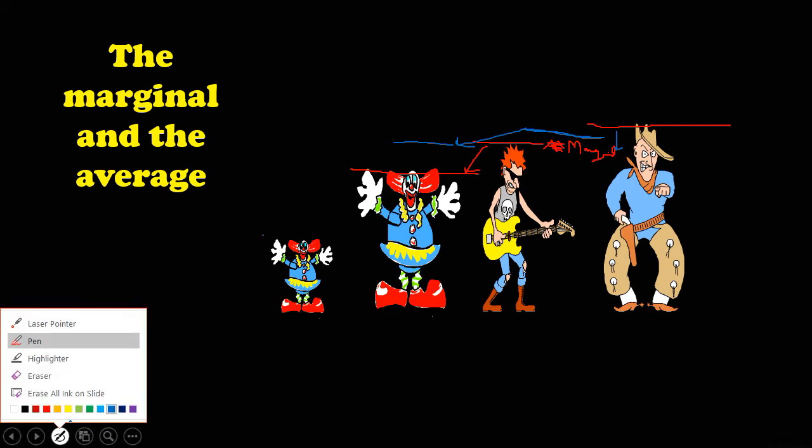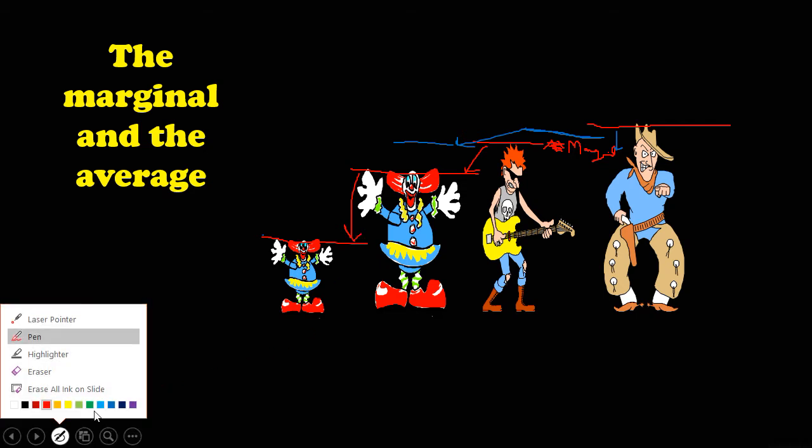So the average always moves with the marginal toward the marginal, okay? But more slowly. When the professor's kid comes in, now the marginal's all the way down here because the kid's really short. And again, it's going to pull that average down, but maybe the average is there.